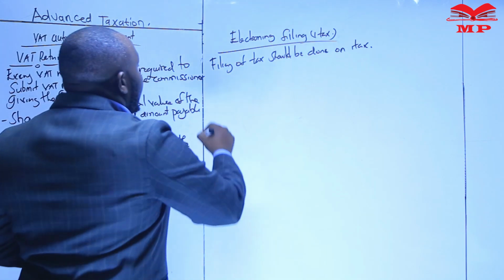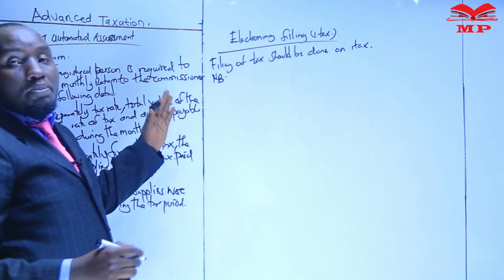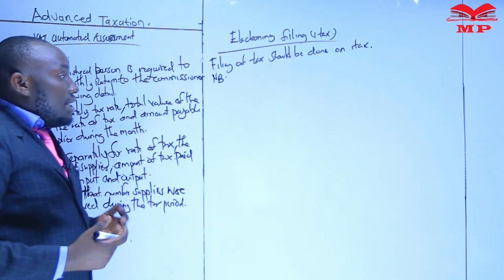And we need to understand that NB, this is on what you talked about on penalties and interest.